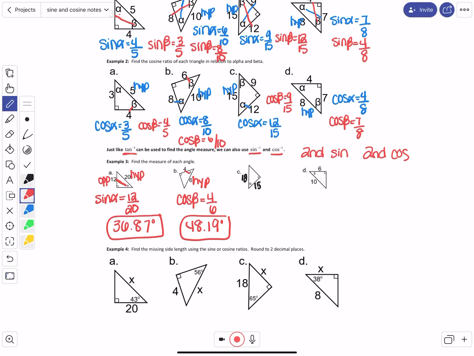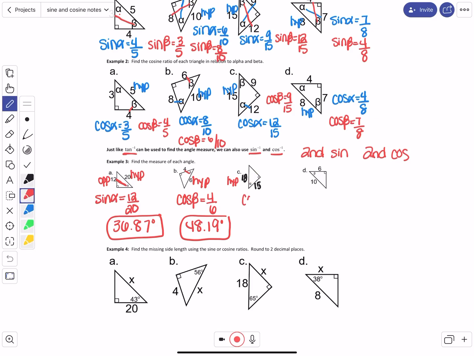Okay. So here is our hypotenuse. The 18 is your hypotenuse because the hypotenuse is supposed to be your longest side, and it's opposite from your right angle. And is 15 opposite from alpha, or is it adjacent? Well, it is adjacent because it's right beside of it. Remember, this would be opposite because it's going across the triangle, which means 15 is adjacent.